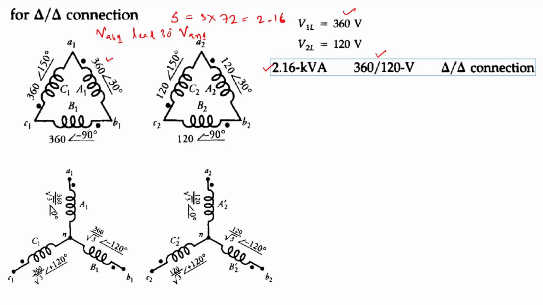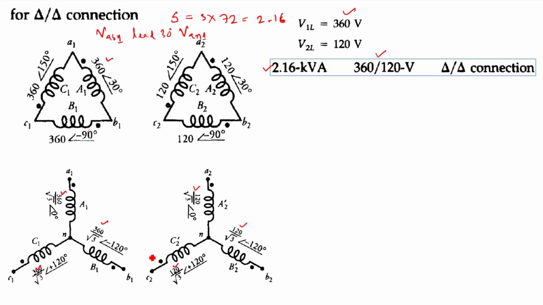Now if we'll convert it back to the star connection, right? Because we need to find the per phase equivalent circuit, so therefore we are converting it to the star connection. That means star equivalent. So if we'll convert this to star equivalent, your per phase voltage will become 120 by root 3, right? As we can see here in the secondary side, and in the primary side it will become 360 by root 3, right?